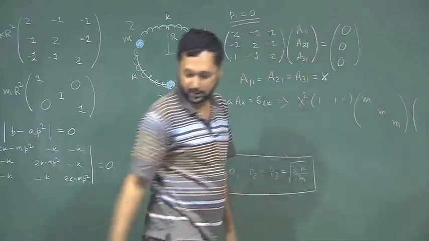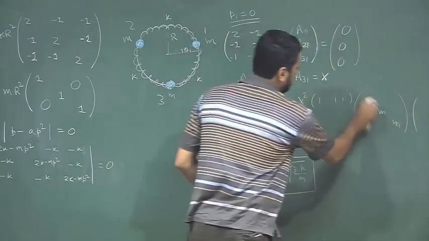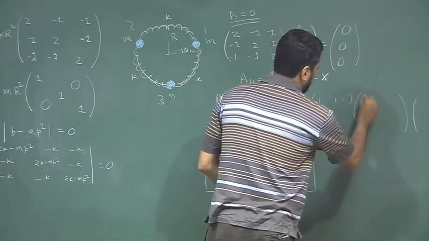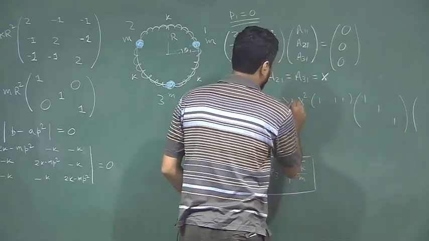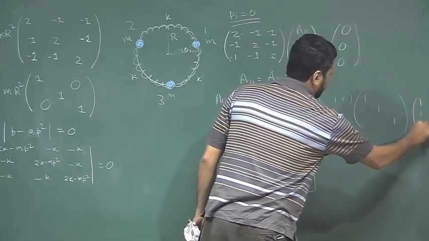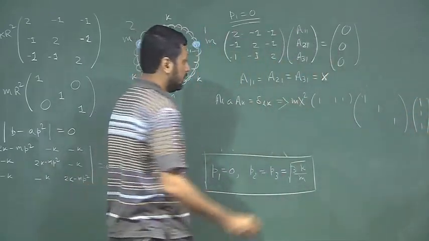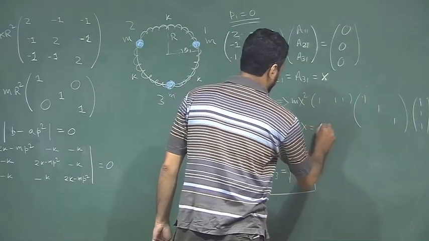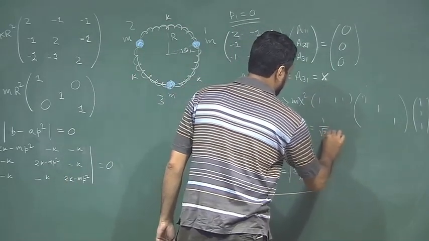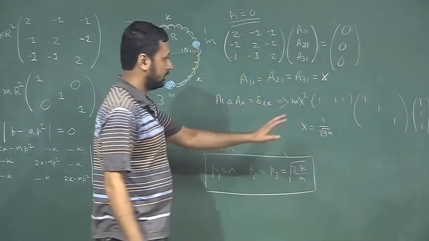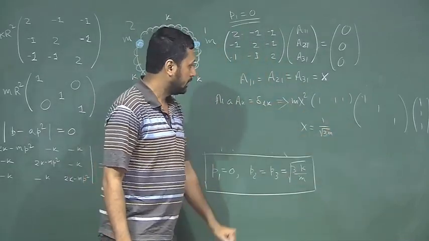So, basically I can write this as 1 1 1, we multiply this by m, and 1 1 1 equal to 1. If we do that, what do we get? We get x equal to 1 by root 3 m. You can do it yourself.